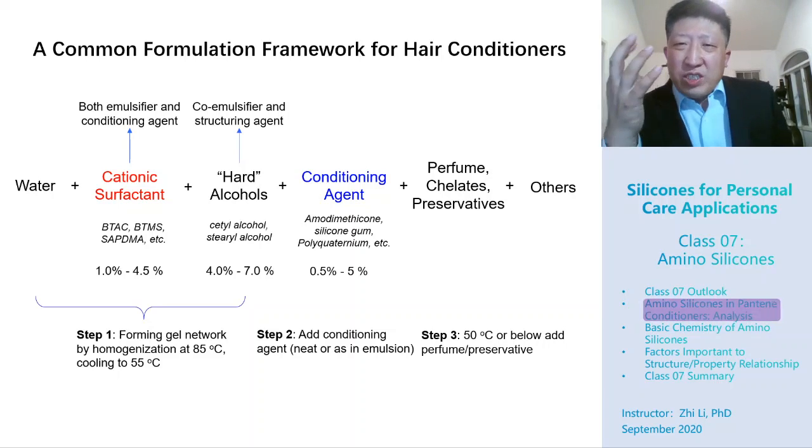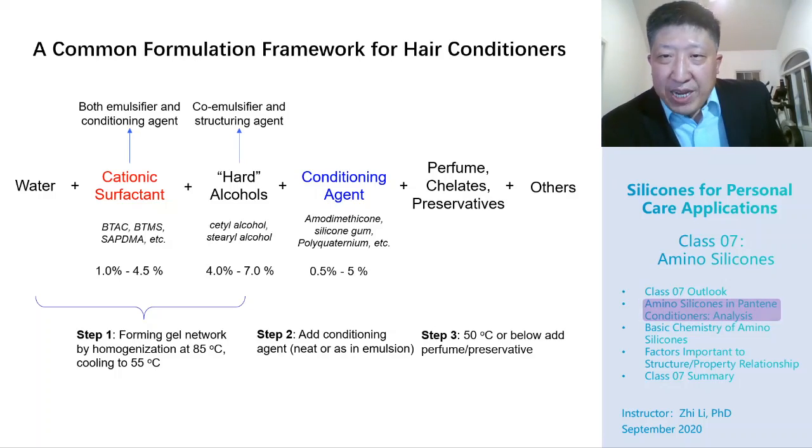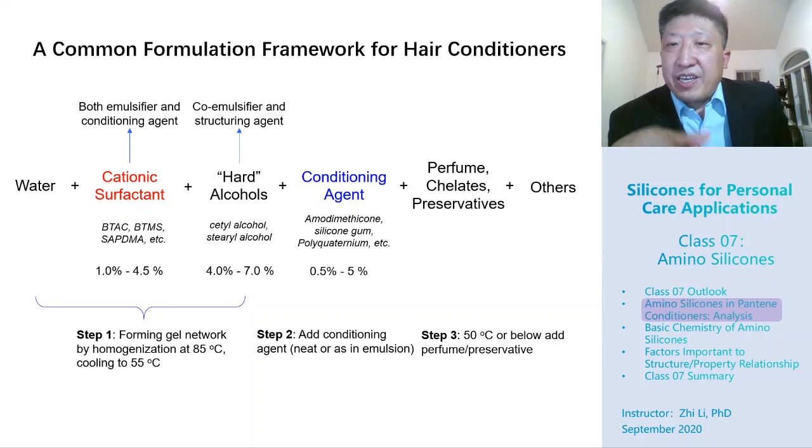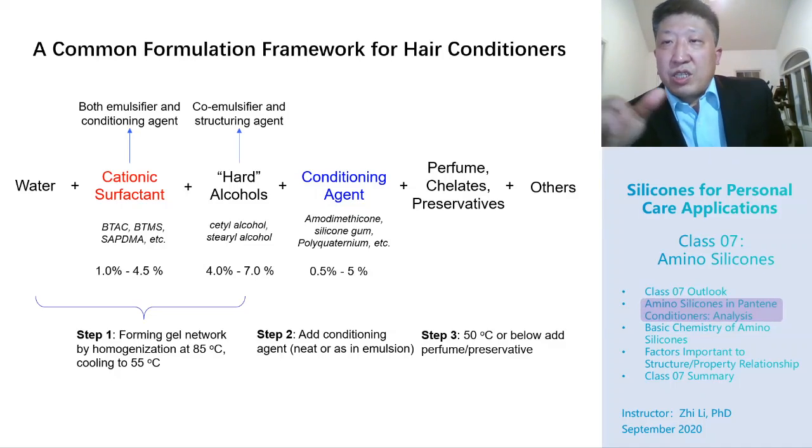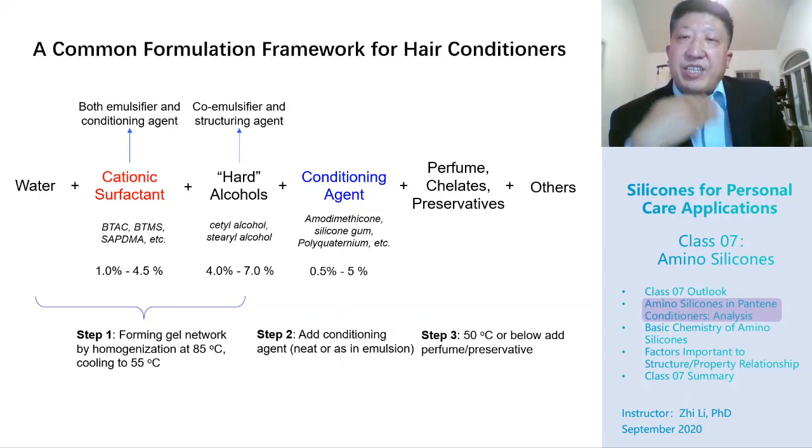So what's happening? Sometimes those magic conditioning ingredients are added in emulsion form, which I talked a little bit about last class, silicone emulsions. In other cases they're added as neat fluid.